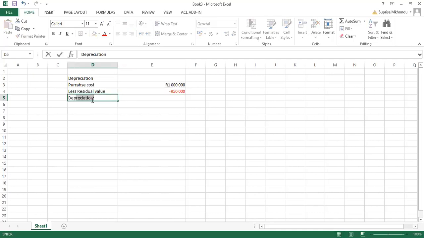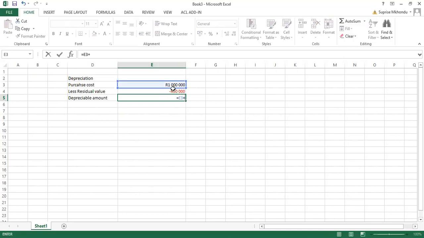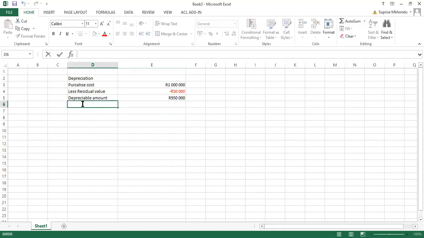Then we're going to get the depreciable amount. How much is the depreciable amount? It will be 1 million, less this 50,000. And depreciation will be how much?